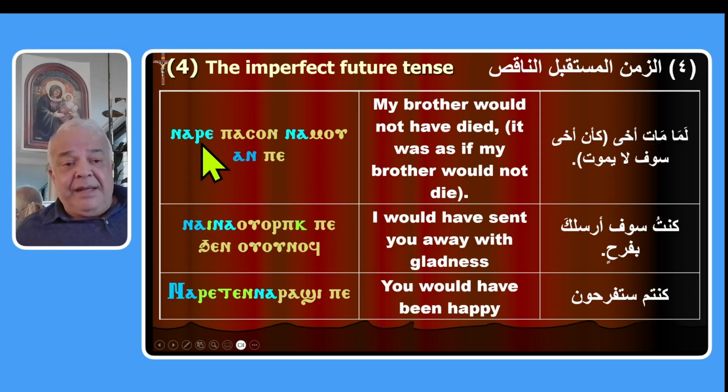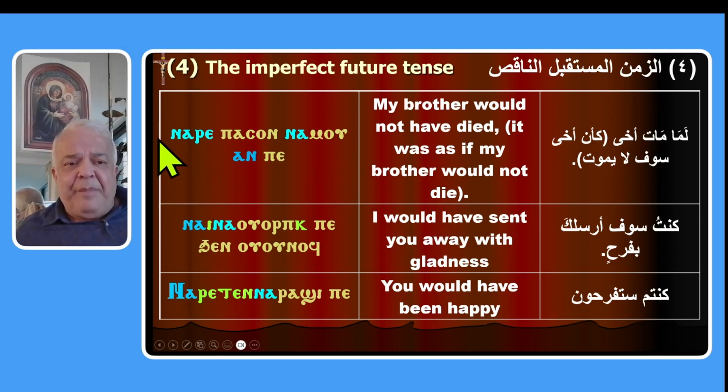Na re. Re is a complete verb, meaning to do. Na re pa son, my brother would. Na mo, mo is a verb in Coptic that means to die. Namo will die.